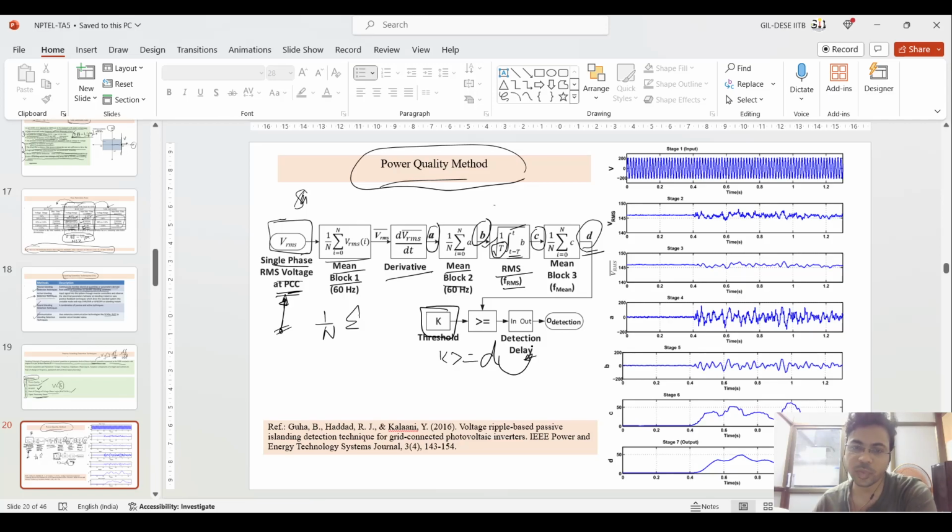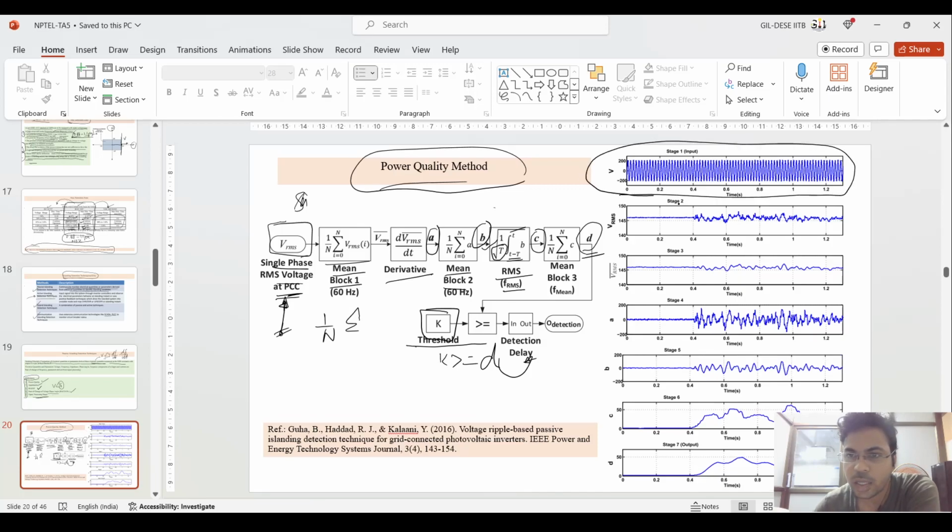If D is greater than or equal to this threshold, then it is detected as an islanding situation. Okay, so there must be one threshold such that in the passive kind of system, above this threshold it will be declared as an islanded situation, and below that threshold it is a non-islanded situation.